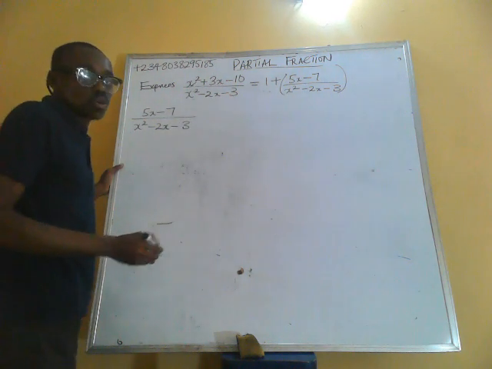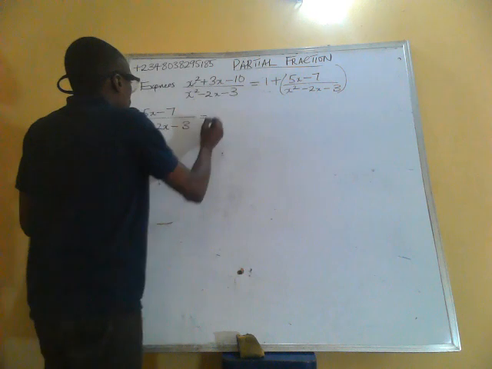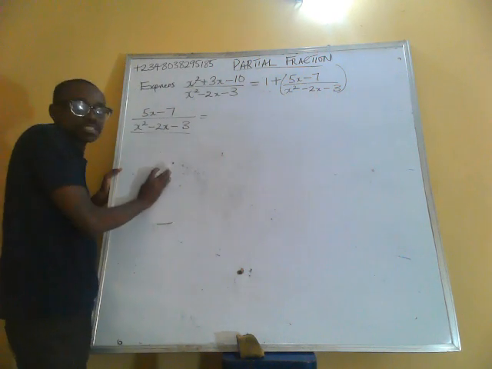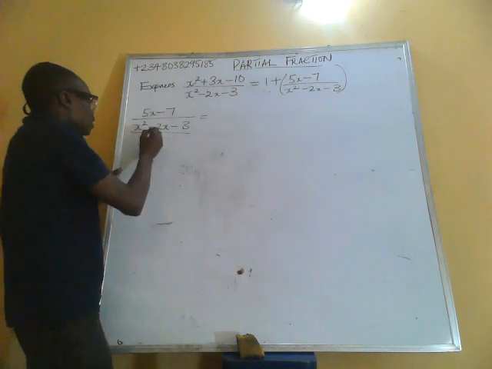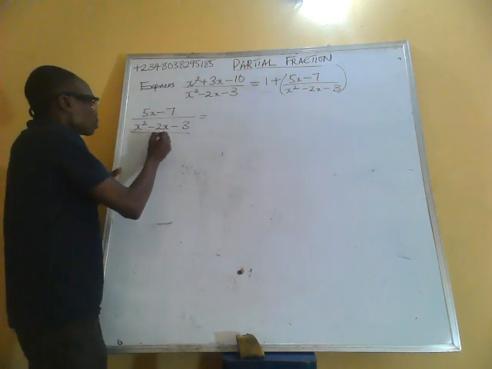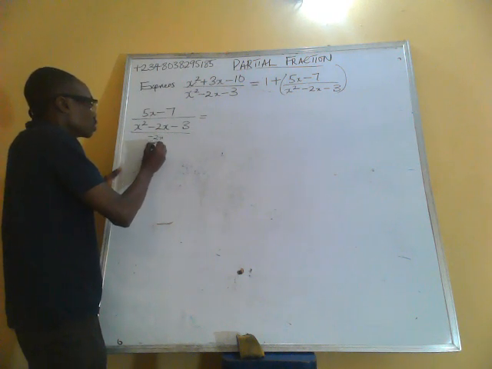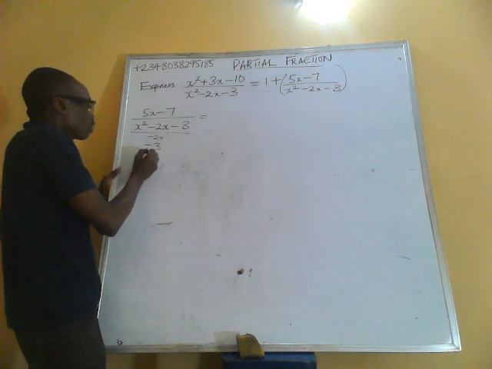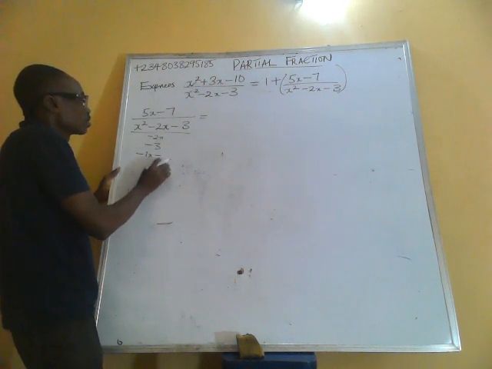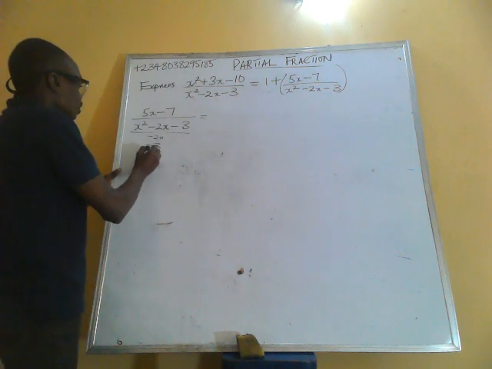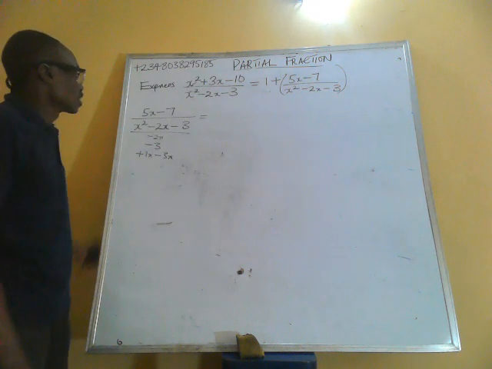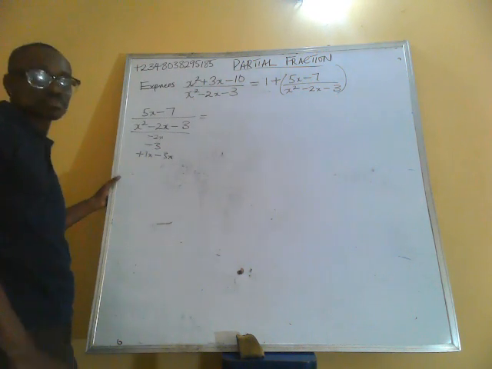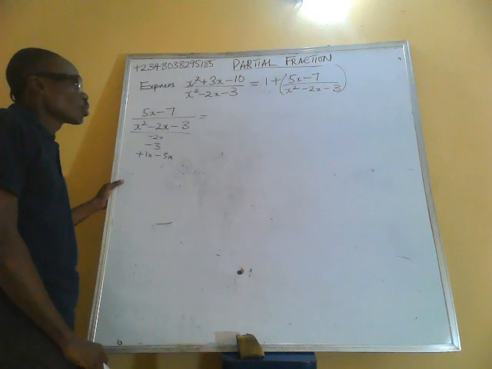Okay, so we have to break these into factors. Breaking these into factors, let's see, this is a minus 2 and this is a minus 3. So plus 1x and minus 3x, I think should give us what we need.